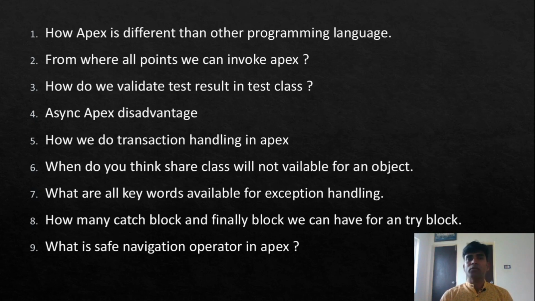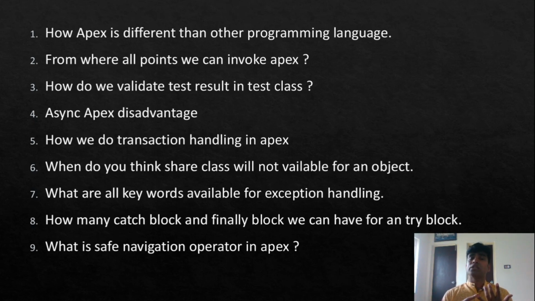So if I try to count in this way, I can count first, trigger. From the trigger we can write Apex. From a batch class we can write Apex. From asynchronous Apex like future, queueable, schedulable Apex, you can execute Apex logic.